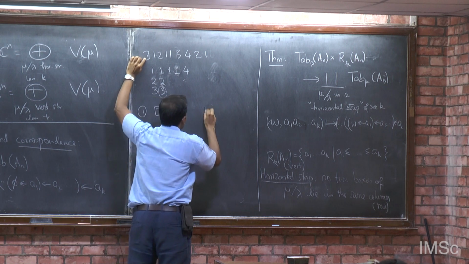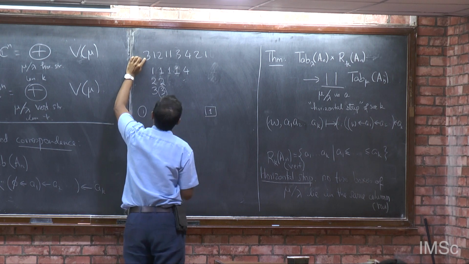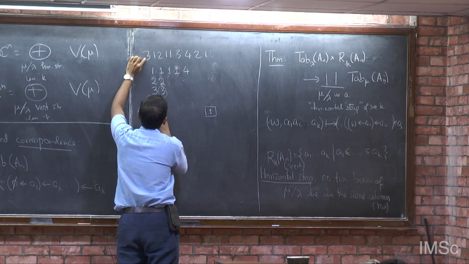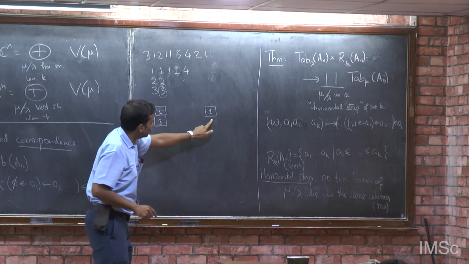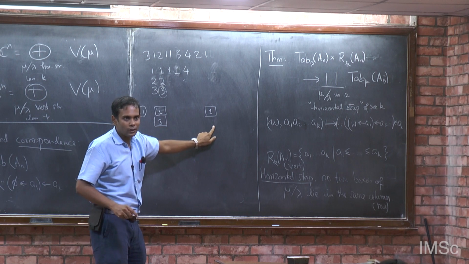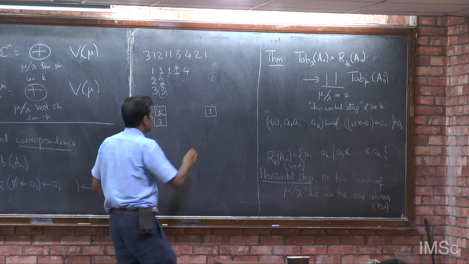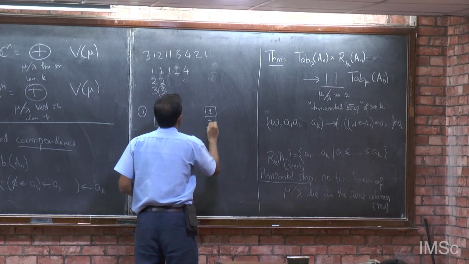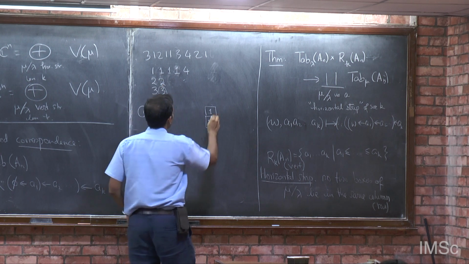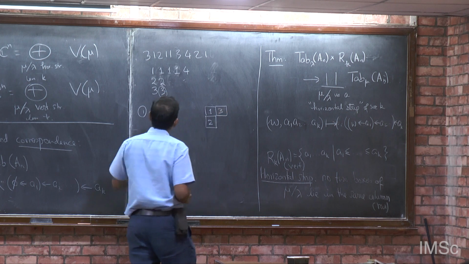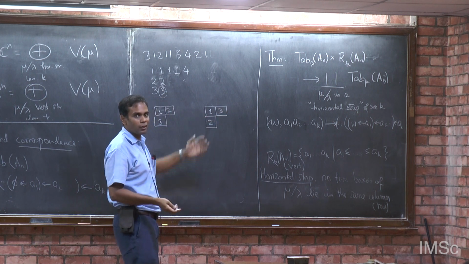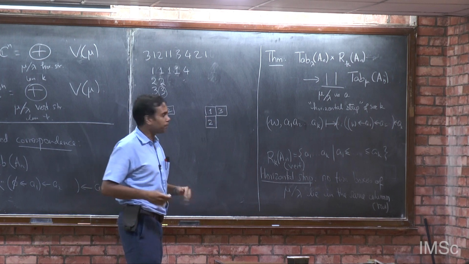I will write 1 in this box. Then at the next stage this 3 got pushed down and 1 came in. The new box that appeared second is this, and the box that appeared third is this. So, as we are doing this, let us also keep track of when the boxes are appearing.